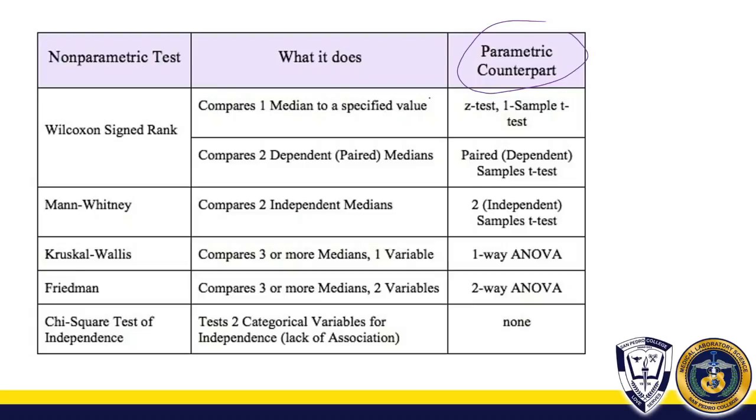So Wilcoxon sign rank is paired with your t-test, your paired sample t-test, then Mann-Whitney for your independent sample t-test, Kruskal-Wallis for your one-way ANOVA, Friedman for your two-way ANOVA, and then you have your chi-square test of independence, which is a standalone. So later you would get to understand as to why there is no parametric counterpart for your chi-square. Kasi napaka-simple lang try natin tingnan kay chi-square. And then you will already have an overview as to the purpose of each of these tests.